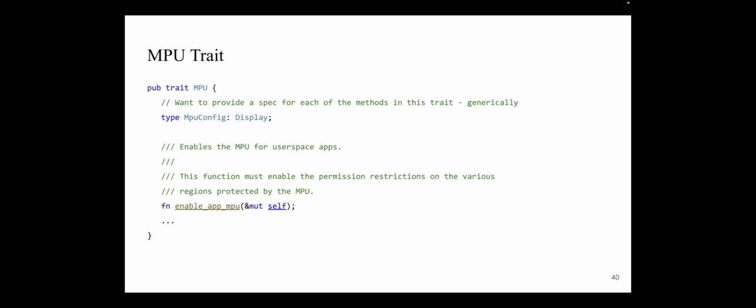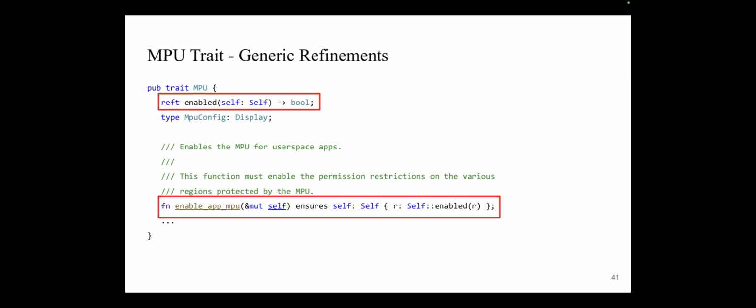We want to do it generically because we don't know what it means for the MPU to be enabled until we know what architecture we're actually dealing with. Luckily, there's a feature in Flux called generic associated refinements that allows us to do this sort of modular verification. In particular, two things have popped up on the screen.